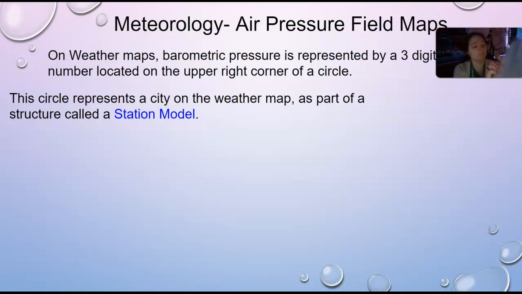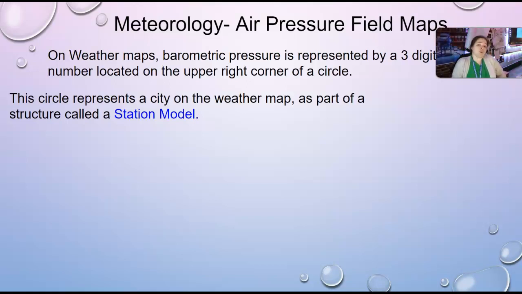With the station model, right there in that corner, that is going to be a 3-digit code for pressure. If you forget, the explanation does say right here barometric pressure, and it even gives you a hint as to the pressure on there.